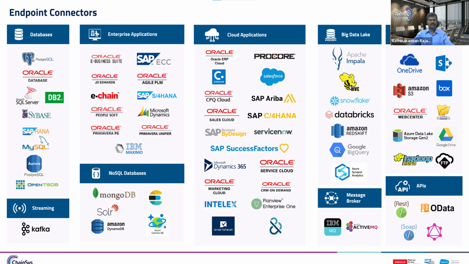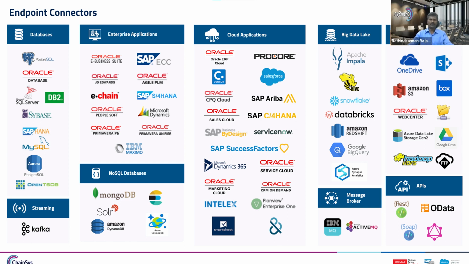And the enterprise applications, you can see again all the major ones like Oracle E-Business Suite, SAP, JD Edwards, IBM Maximo, SAP S/4HANA. And NoSQL: MongoDB, Amazon DynamoDB, Azure Cosmos, and then search engines like Solr and Elasticsearch.